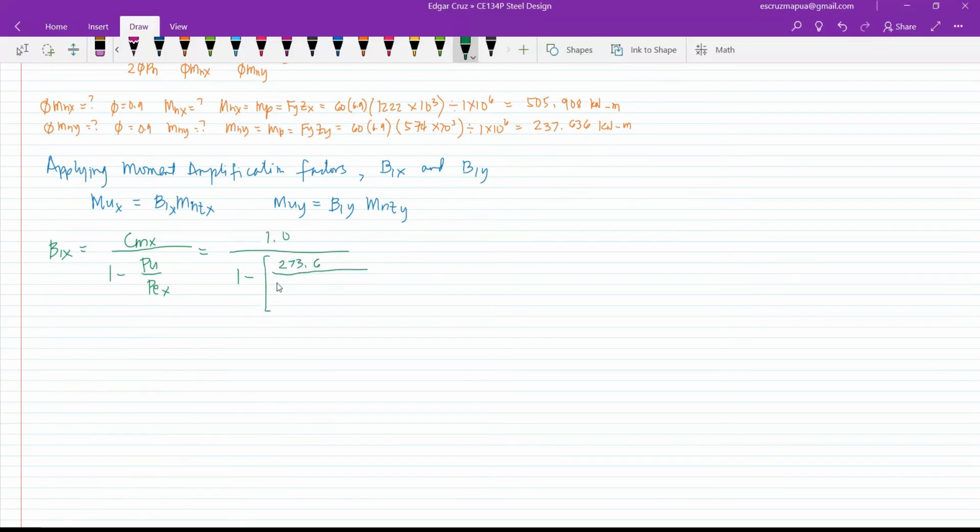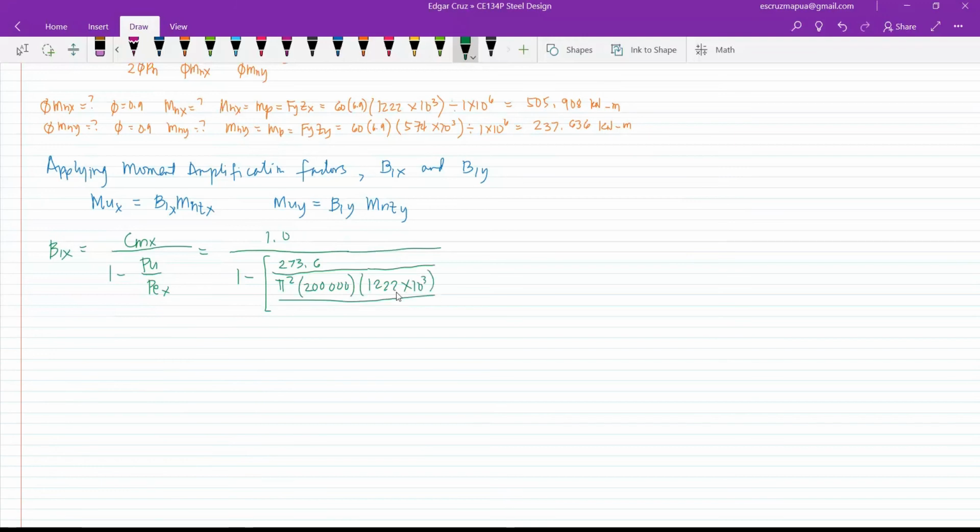And that is pi square, okay? Pi square EI is 200,000. Anong I yung gagamitin natin dito? Since this is for B1X, so dapat ang gagamitin mo rito should be the IX. Okay, so yung IX natin is 1222 times 10 to the 3.